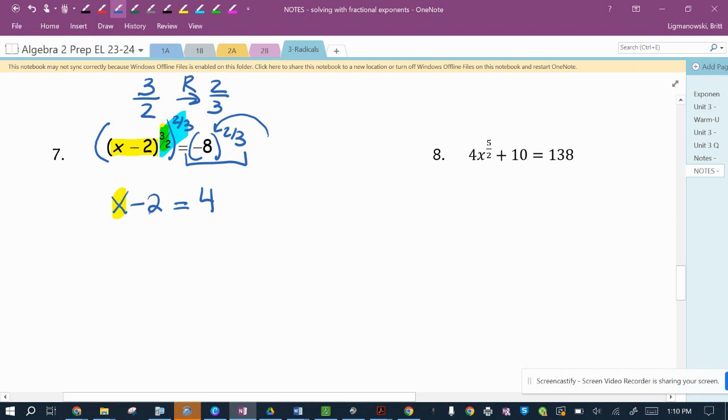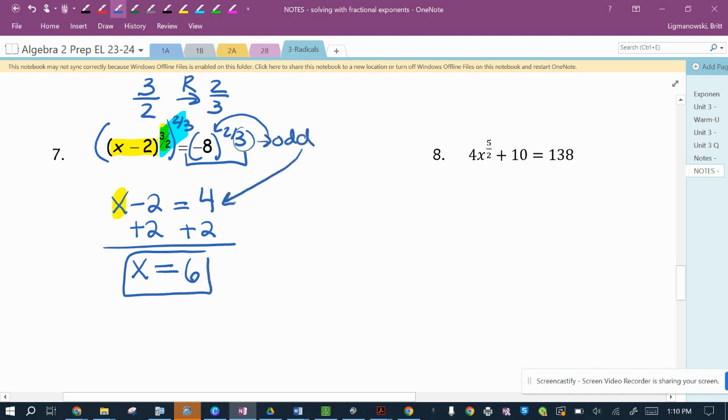Since it's x menos dos, I'm going to más dos, or add 2 to both sides. And when I do cuatro más dos, I'm going to get 6. Now again, this bottom number was odd. That's why this was not plus or minus. If this 3 here was even, then it would have been positivo and negativo cuatro. But since it's odd, it's just positivo cuatro.